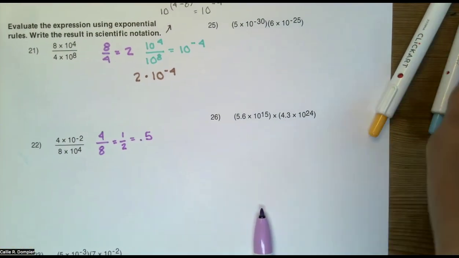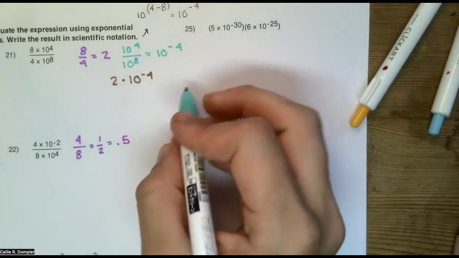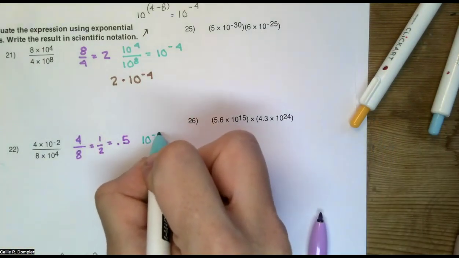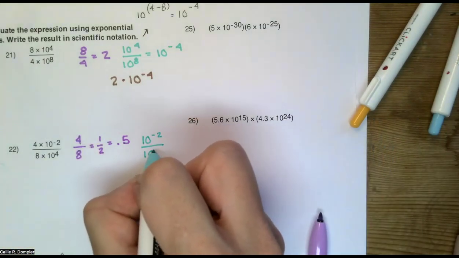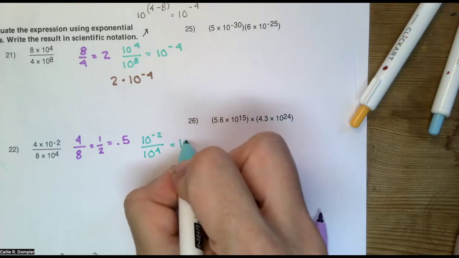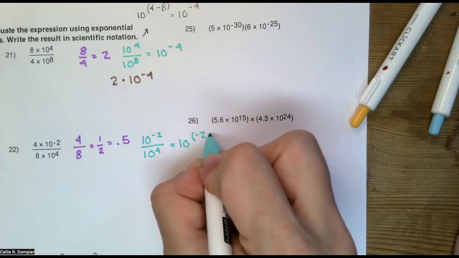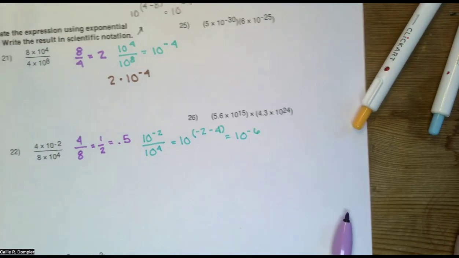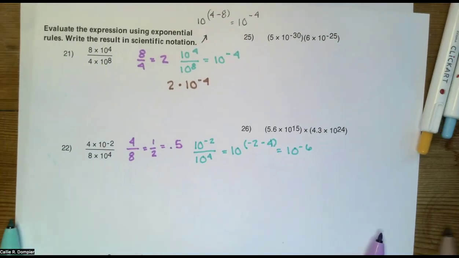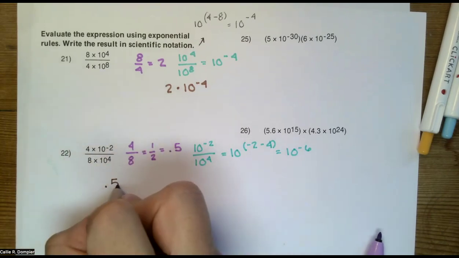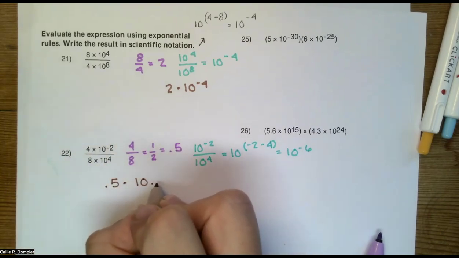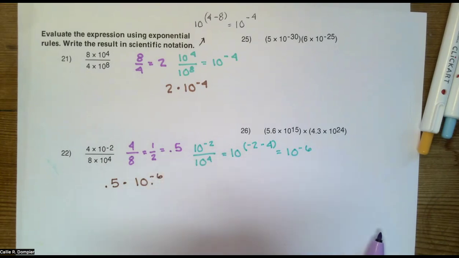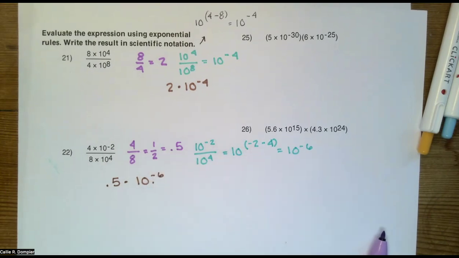And then for 10 to the negative 2 divided by 10 to the fourth, that becomes 10 to the power of negative 2 minus 4, which is 10 to the negative 6, right? So what I'll have is 0.5 times 10 to the negative 6. Ignore that extra decimal point, right?